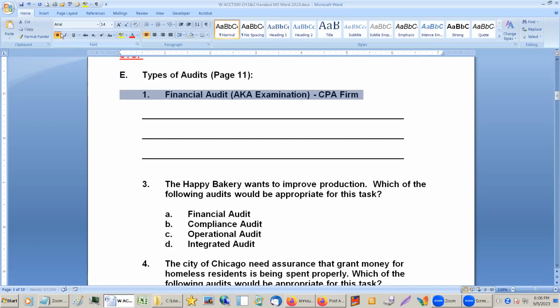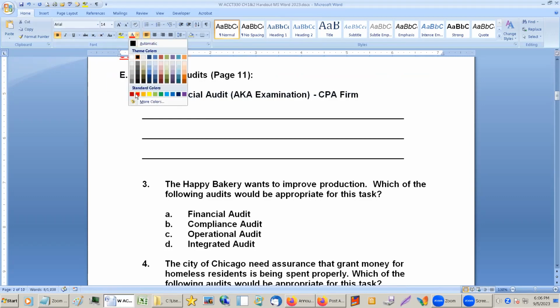And those are performed by CPA firms. CPA firms are the only ones. If you get your license, that's what they license you to do. This is what your CPA license allows you to do with a financial audit. And that's what this class is mostly based on. This is what the CPA exam is based on.